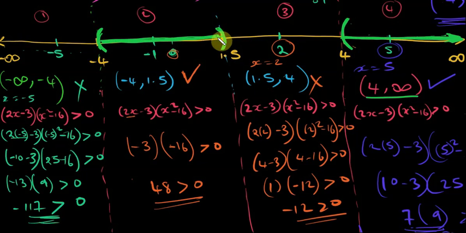Sometimes if you don't want to use that, you can use circles or holes. You can use a hole, the hole saying that the point is not included.